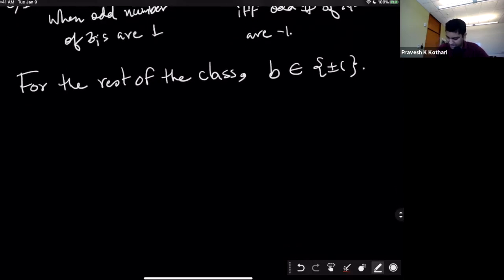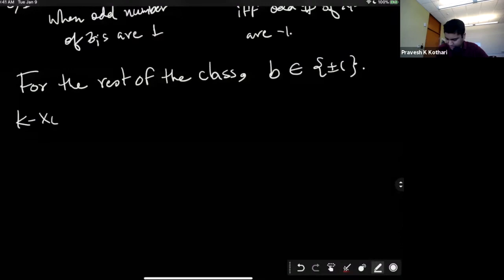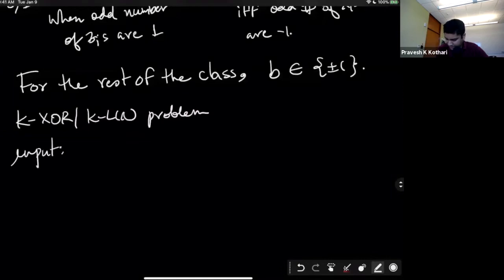Let's formalize that. The KXOR, K-lin problem. The input to this problem is simply going to be a bunch of k-tuples. Let's call them C1, C2, up to Cm. These are k-tuples of variables.